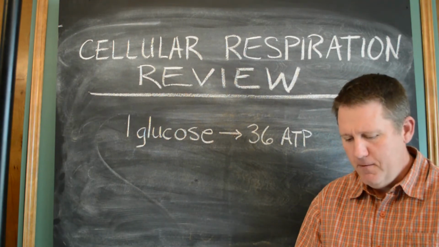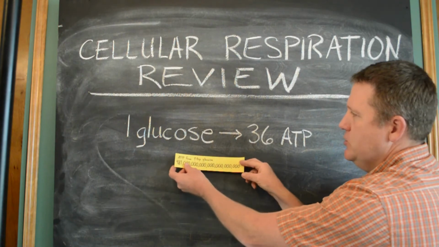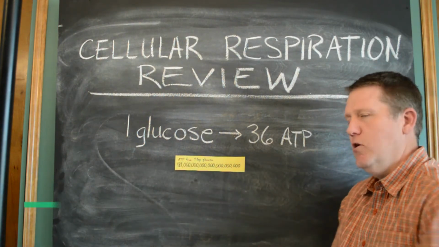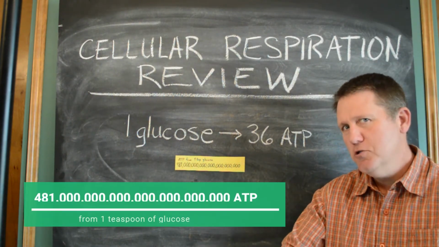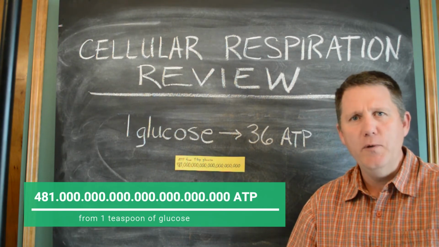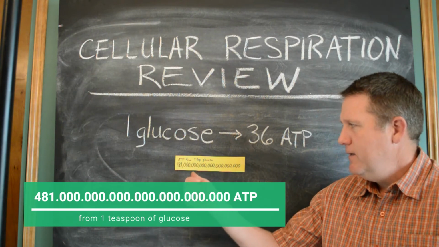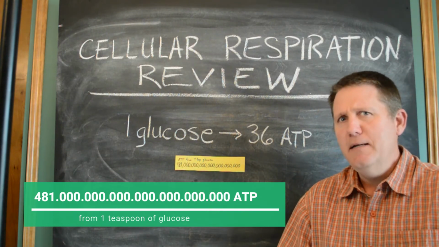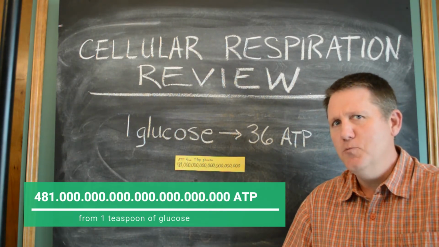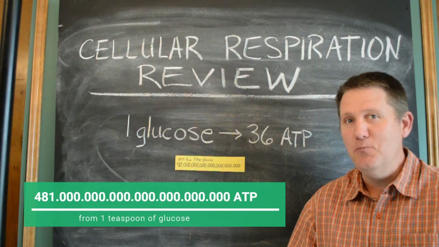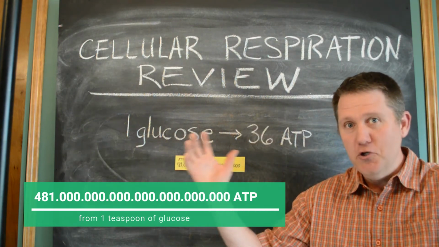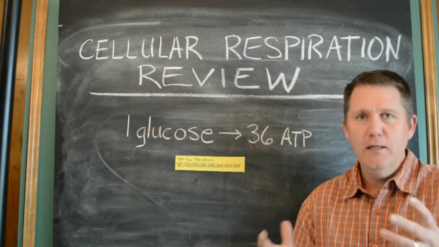And so I thought about it, what about 1 teaspoon of glucose? We took a teaspoon of glucose, we did some back of the envelope calculations. How many ATPs would that give me? Call that a really big number. That's kind of my approximation there. A lot of ATP. So the amounts that we're talking about are so big, they're really hard to grasp.